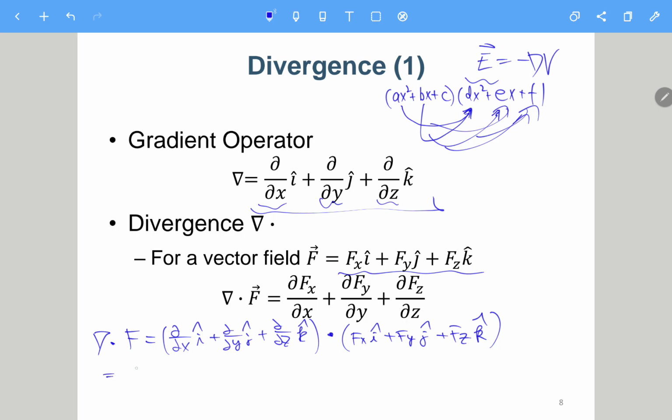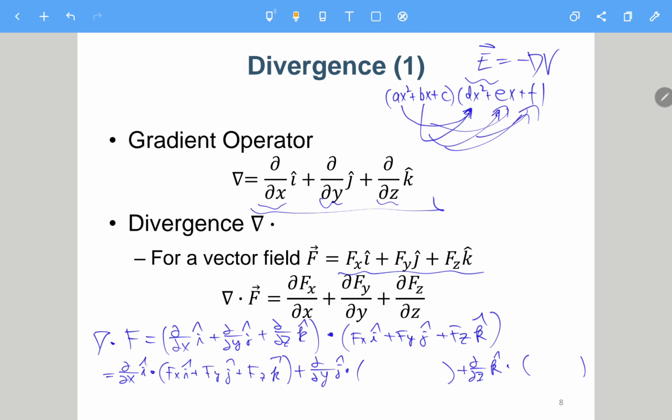So here for partial x, i hat is dotted with fx i hat, fy j hat, and fz k hat, then plus partial y j hat dot this one, and plus partial z k hat dotted with the same thing. I don't write all the terms because you can clearly find the remaining result.